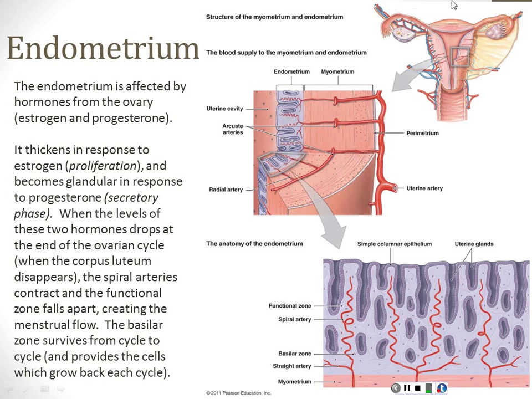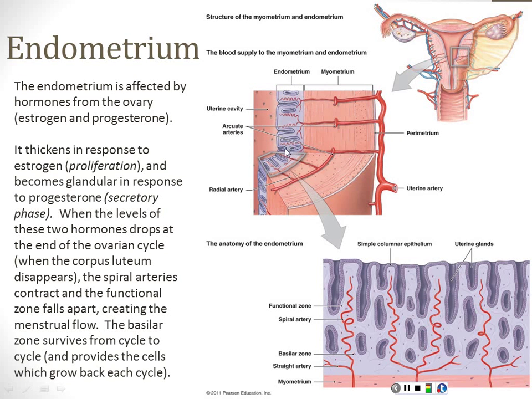All right? That causes the endometrium to fall apart because without those hormones, there isn't support for the growth that has occurred. So as the endometrium falls apart, that creates the menses, right? So it sloughs off the wall and travels through the cervical os. So it gets very, very thin.